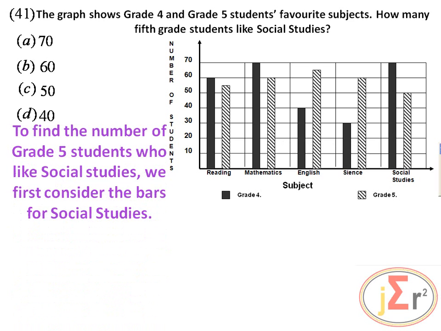To find the number of grade 5 students who like social studies, we first consider the bars for social studies. What are the bars for social studies? We have them right there. So we have social studies, and those are the bars for social studies.